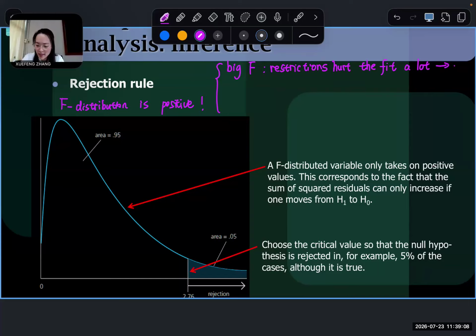In this case, we reject our null hypothesis.